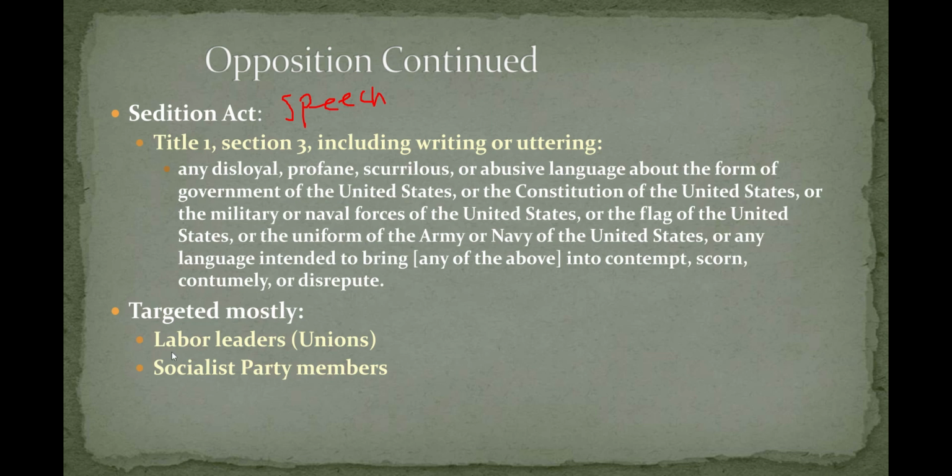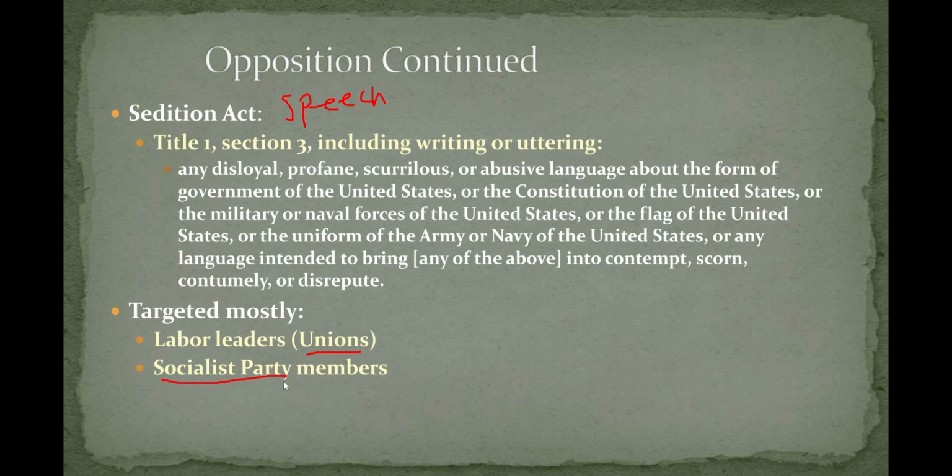The major targets, though, were labor leaders, which means unions and union workers, because generally they needed people to go to work, not strike, and make sure people were doing their job. Union members in general also tended to be seen as a little suspicious, possibly communists trying to overthrow the established authority of the capitalistic society that America had.